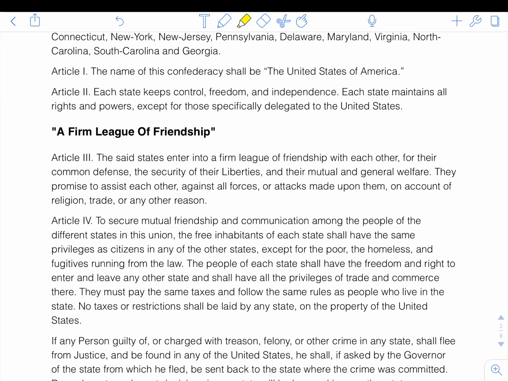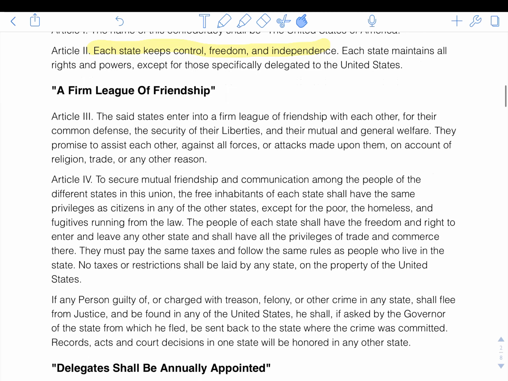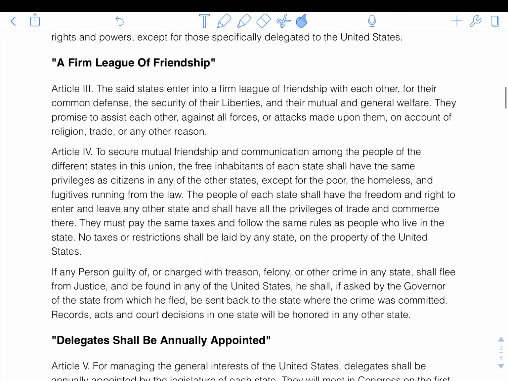So that's a very specific thing, that each state within this confederation, within this United States of America keeps their own independence, and it says each state maintains all rights and powers, except for those specifically delegated to the United States. So again, we're just doing mental note taking, okay? And what I'm highlighting for you here on the screen is what I'm modeling and showing you. This is the idea that you do mentally as you go through.